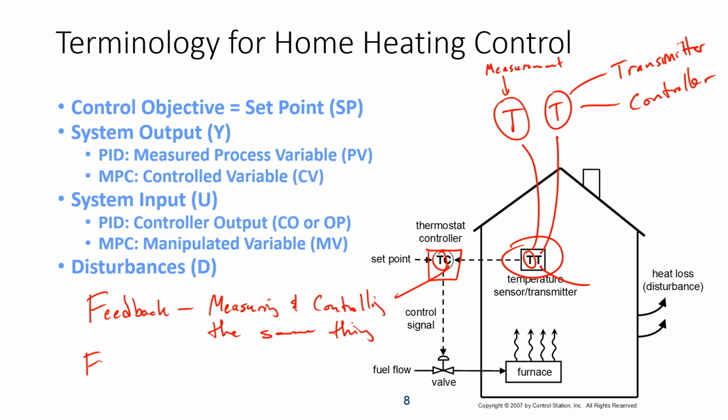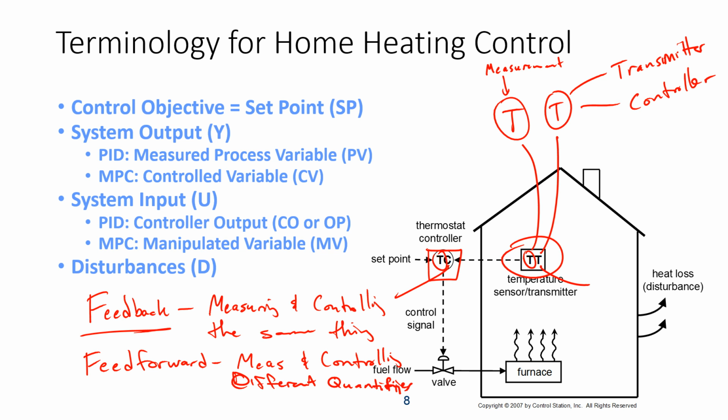And feed forward, and we're going to talk a little bit more about feed forward control later, is where we're measuring and controlling different things, so different quantities, like temperature or flow. So feedback control, measuring and controlling the same thing. Feed forward, measuring and controlling different quantities or different things.